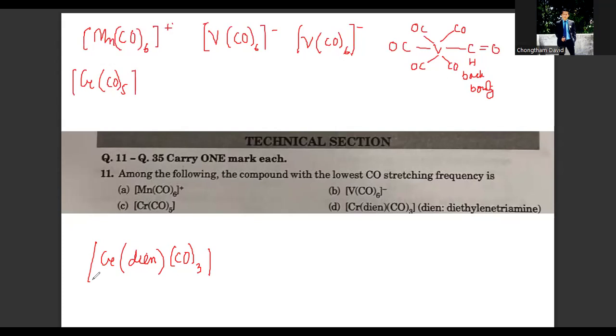So among these 4 given complex ions, vanadium would show the strongest back donation, or the stretching frequency would be the lowest. So option B would be the answer for question number 11.